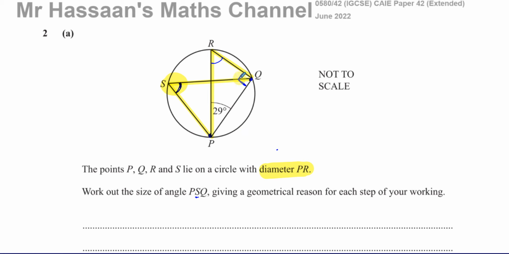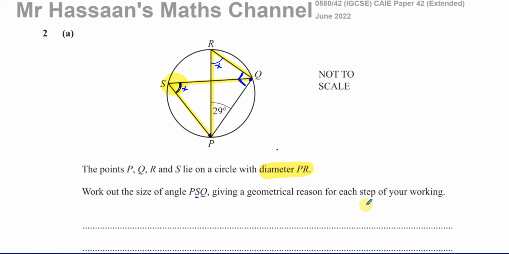So this angle here must be 90 degrees. I know that this angle is the same as that angle. Let me call this angle X. This angle is also X. They're the same. And this angle is 90 degrees. Now I've got this triangle PRQ, which I can use. I have 2 angles in the triangle. I know this is 90, this is 29. I can find what X is.